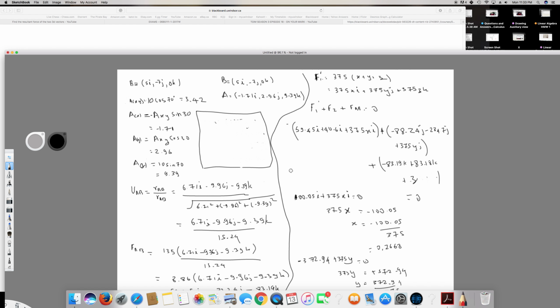So that's my equation, and let's see what happens. We know these two values are okay, and this is 83 point, and I made a mistake in calculating this one.